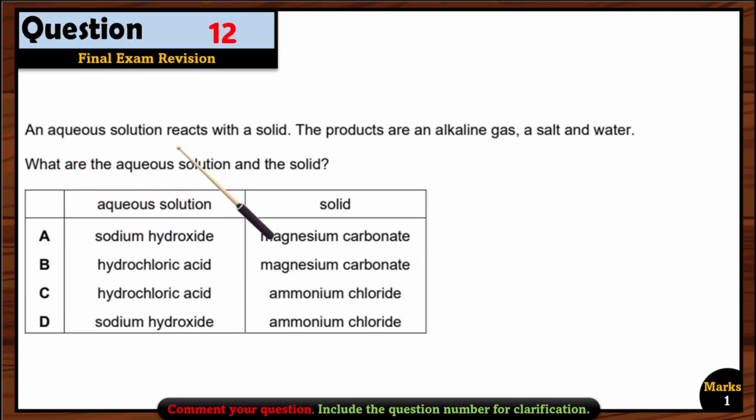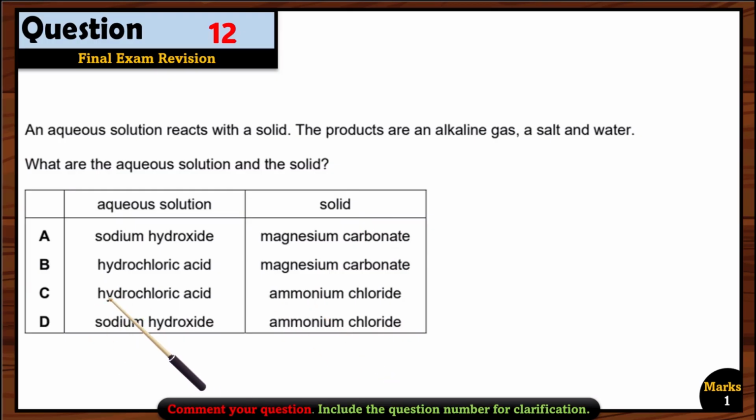Question 12. An aqueous solution reacts with a solid. The products are an alkaline gas, a salt, and water. What are the aqueous solution and the solid? Remember that for alkaline gas, the example in your book is ammonia. So ammonia is an alkaline gas. You have to find the solid and aqueous solution that has ammonium in it. You can see over here in which options we can find ammonium. Ammonium chloride, right?